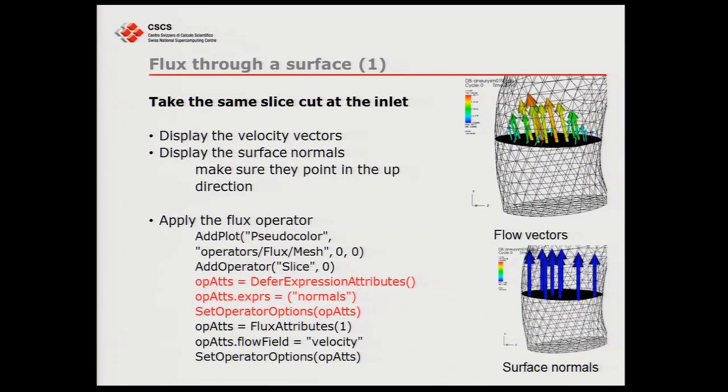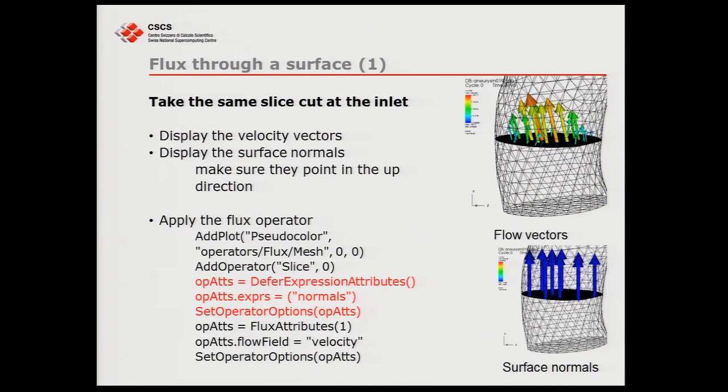Just like in the computation of the volume this morning, we need to defer the evaluation of the vector normal such that it applies not on the global mesh, but exactly on this particular slice. So this is why in my Python pipeline here, I have an add operator slice, and after it, I defer the expression of the variable name normals.